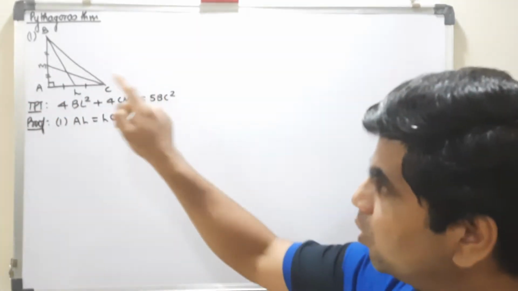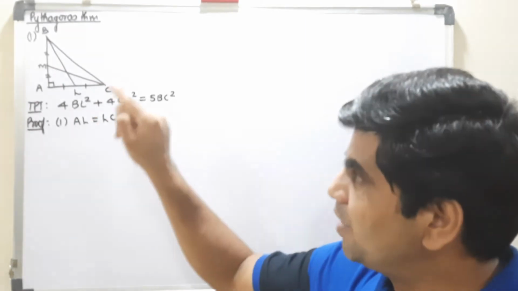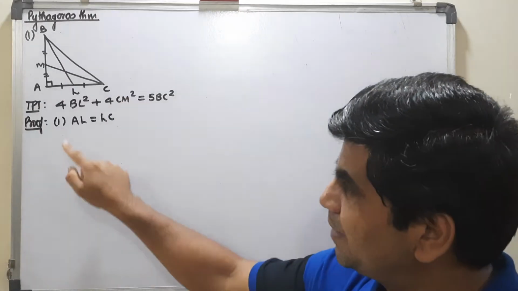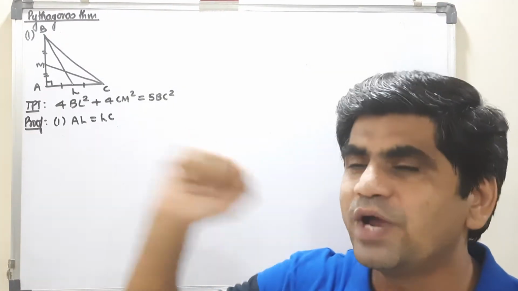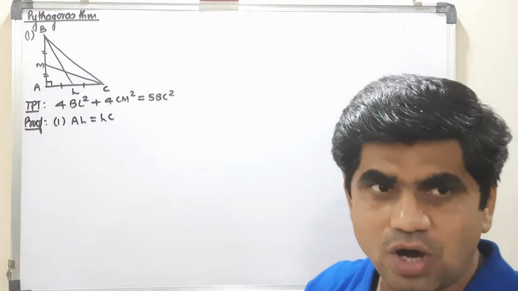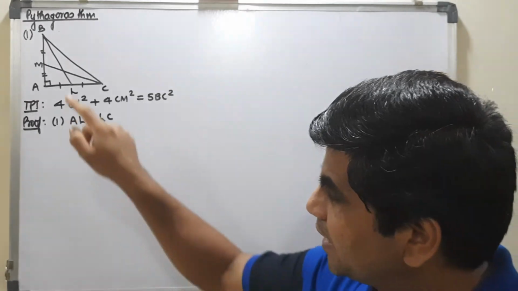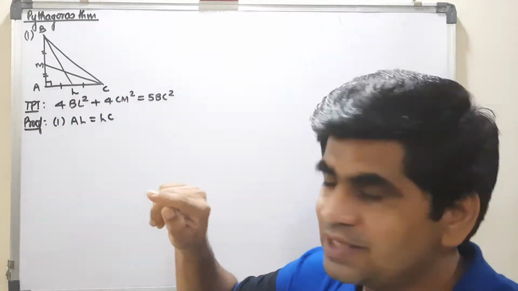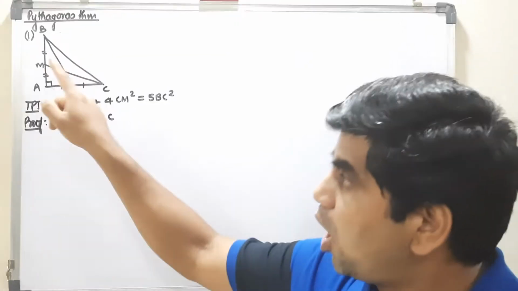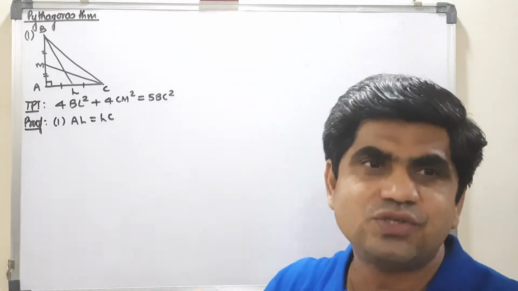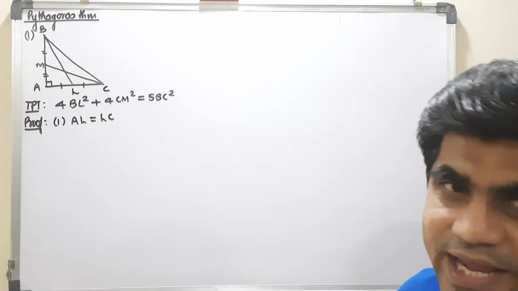Agreed? Both are of same length, and when you add them, that time you get length of AC to be A plus A, that is 2A. In short, what I understood is that length of AL is half the length of AC, or length of AC is 2 times the length of AL.